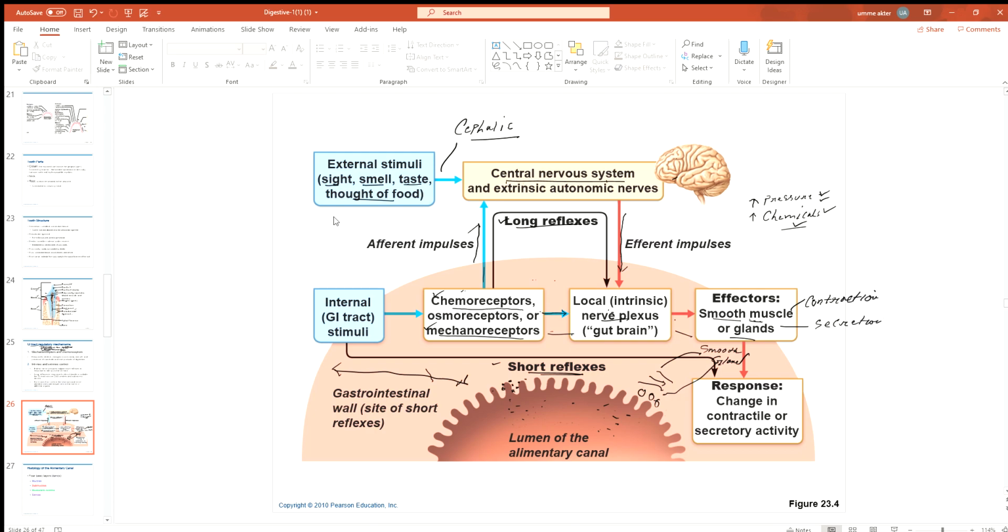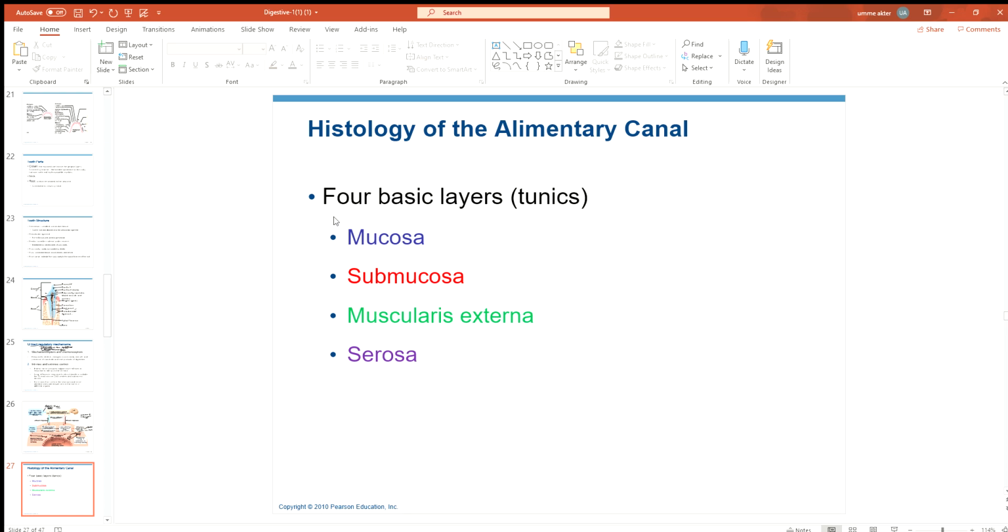So you are seeing by your brain, smelling by your brain, or when the food is in the mouth, tasting, and even thinking by the brain about delicious food. The signal from the brain goes to the GI tract, causes the secretion and contraction. So that is called the cephalic reflex. Cephalic means the head, you know that. Okay, so those are the ways the secretion and contraction occurs.